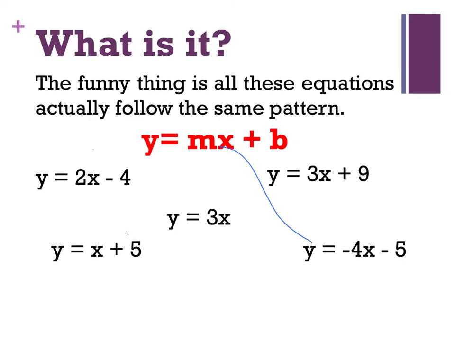What this is saying is that my gradient is -4, and you came across some negative gradients yesterday, and that my line is intercepting my y-axis at -5. That one follows the same pattern as well.